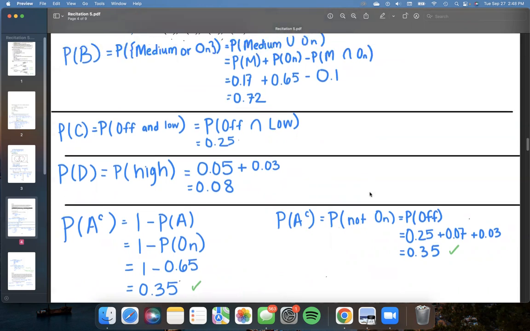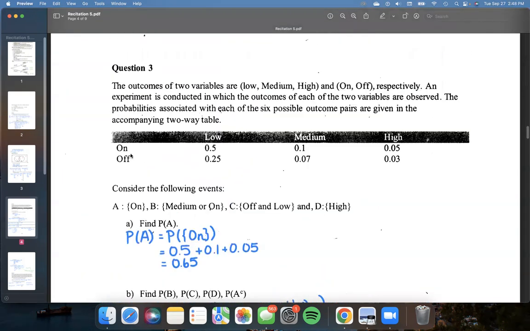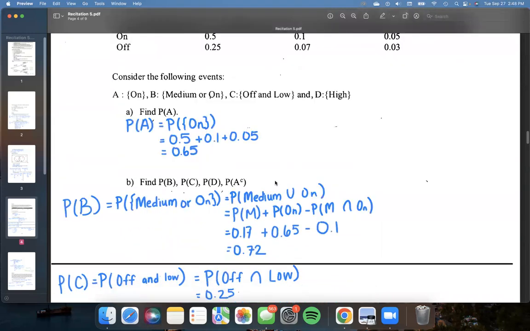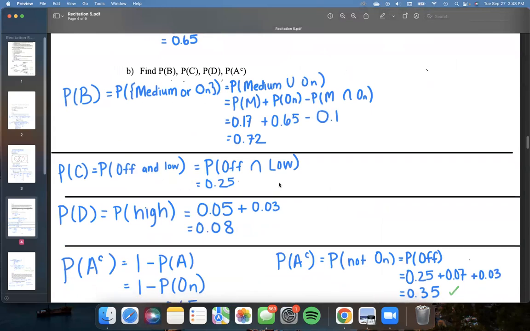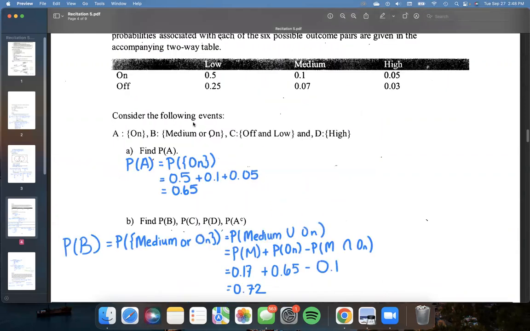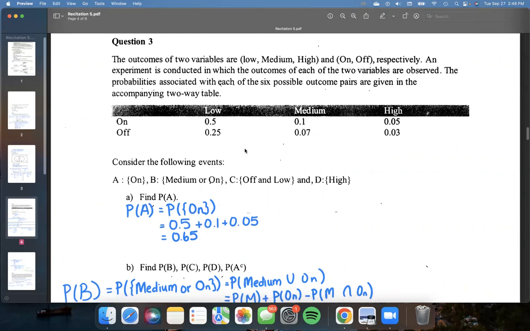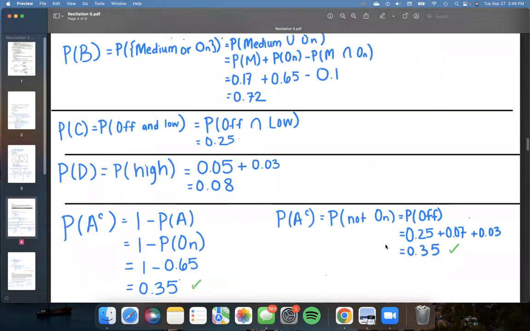That would be the probability that we're off, because these are mutually exclusive events. You can't be on and off at the same time. So the probability of off would be 0.25 plus 0.07 plus 0.03. If we add those together, we also get 0.35.